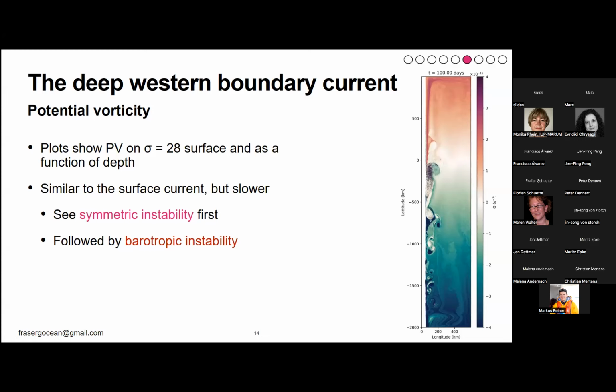In the surface current, we saw the barotropic instability first, followed by the symmetric instability, and using arguments about the growth rates and the effective timescales, we can actually predict this. Also, in the surface current, the spinning up of these barotropic eddies first acts to suppress the growth rate of the instability as well. So it's amazing how well the scaling arguments do at predicting where we see the instability and the order of the instability, which is quite nice.